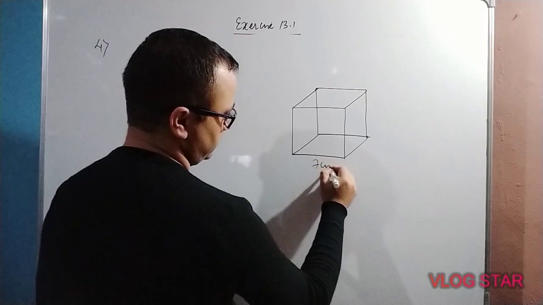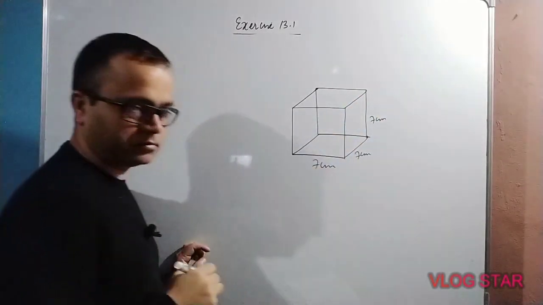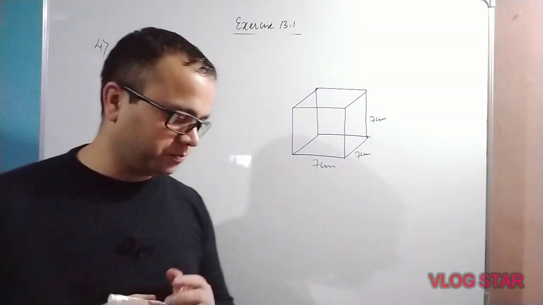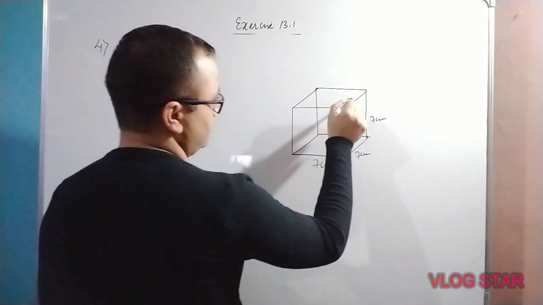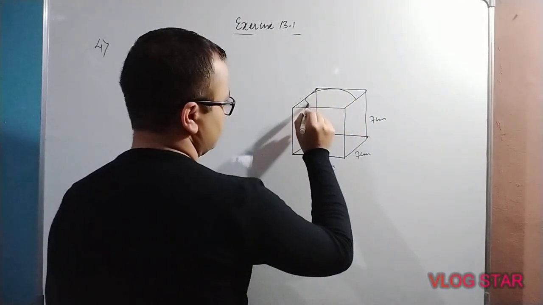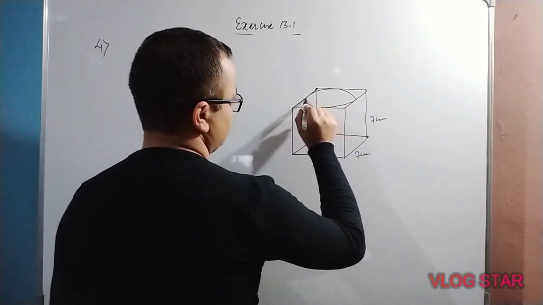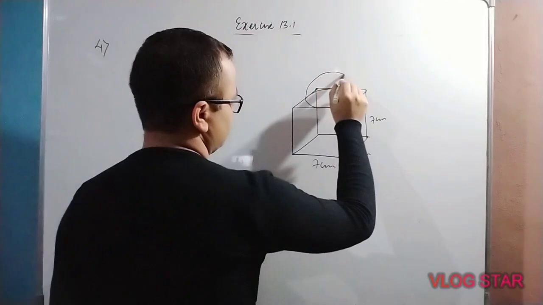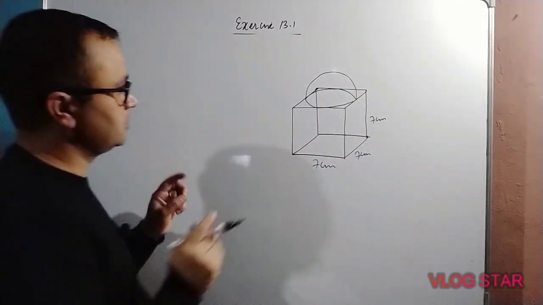Now 7 centimeter. All the edges are equal in a cube, surmounted by a hemisphere. Now here it is a hemisphere.